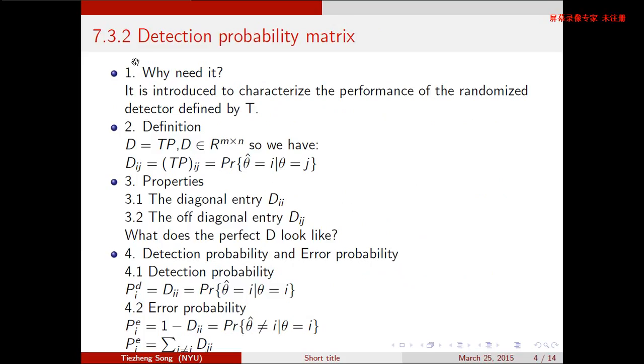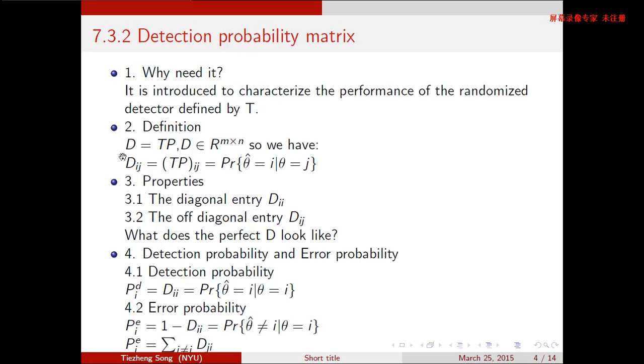So let's talk about detection probability matrix. So why we need it? Because this matrix is introduced to characterize the performance of the randomized detector defined by matrix T, which is a posterior distribution. The definition is this.